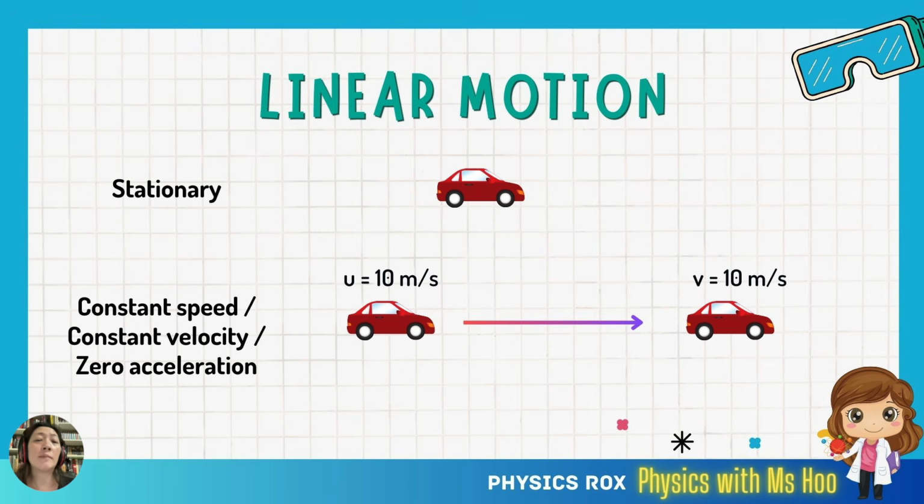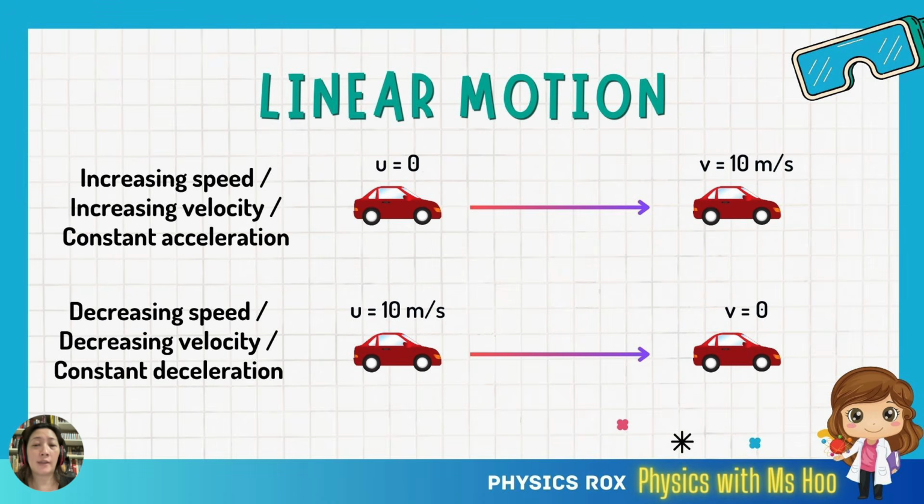By the way, the terms constant and uniform mean the same thing. So you can also write uniform speed or uniform velocity. If the speed or velocity is increasing, write that out, increasing speed or increasing velocity. If the velocity is changing at a constant rate, that means it's moving with constant acceleration. And that's another term you can also use.